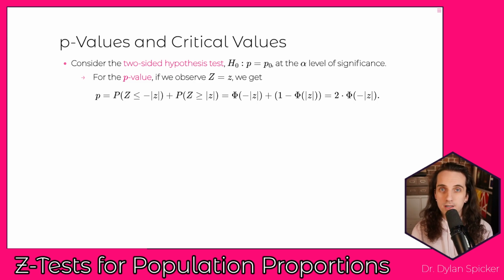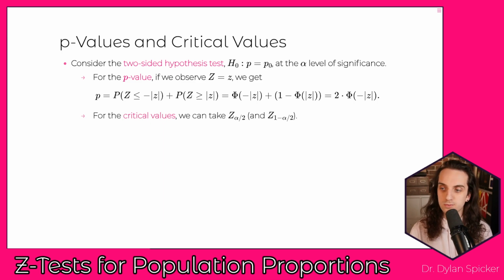Then if we want our p-value and we've observed z is equal to z, we want to know what's the probability that z is less than the negative version or that z is greater than the positive version. Because this is a normal distribution, we can use phi. So it's going to be phi of the negative plus 1 minus phi of the positive. The symmetry of this ends up working out that this is 2 times the negative version here. So that's how we can get our p-value in the two-tail case.